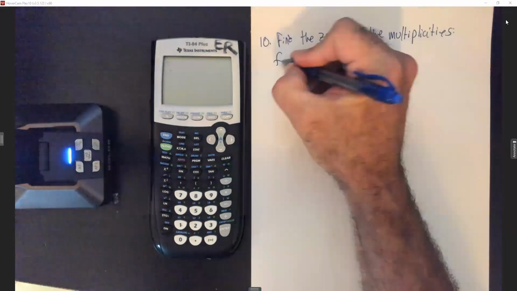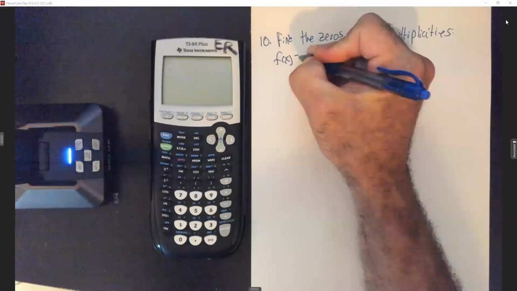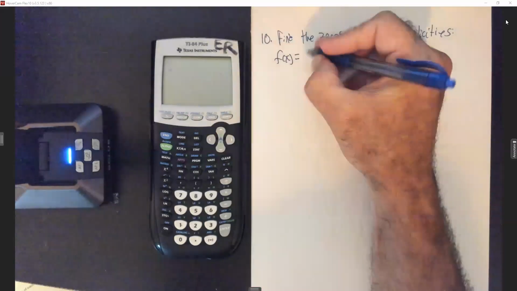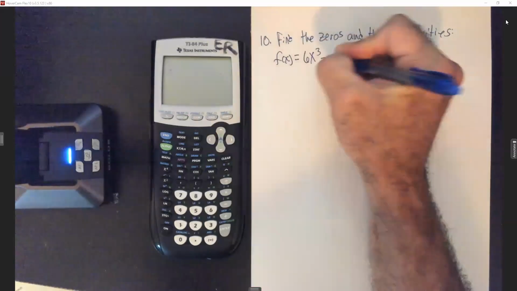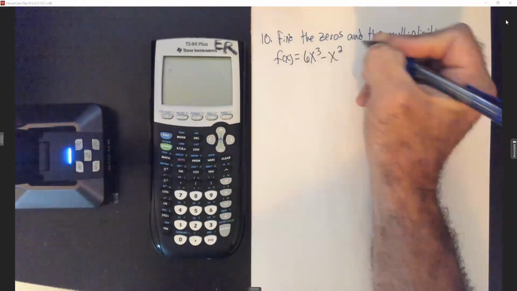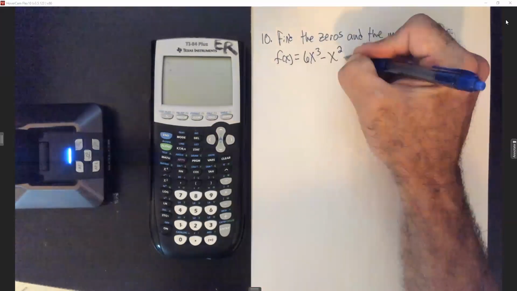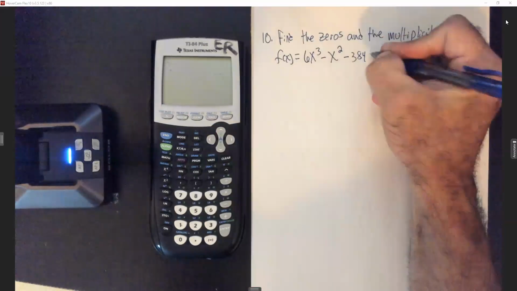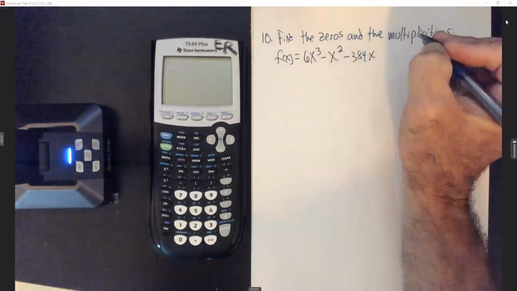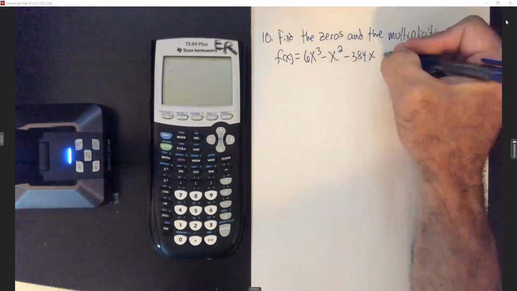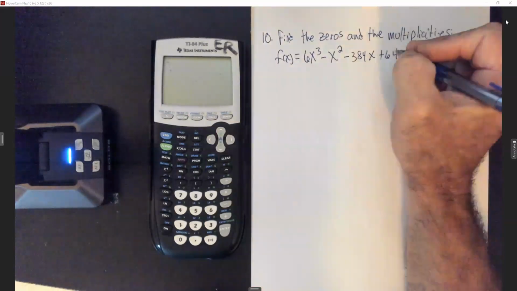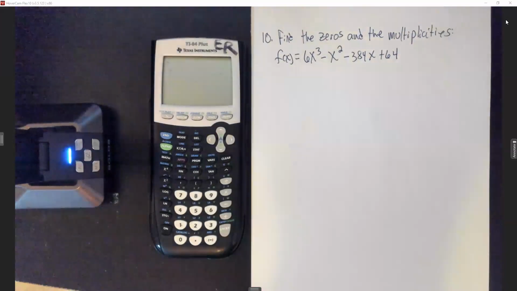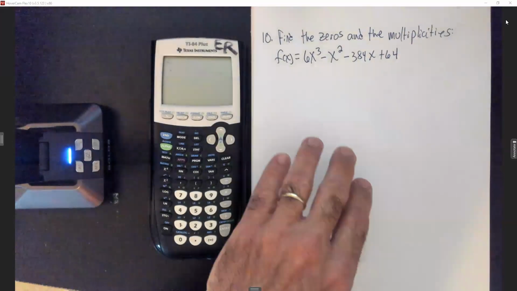F of x equals 6x to the third minus x squared minus 384x plus 64. All right, so that's big numbers on this one.